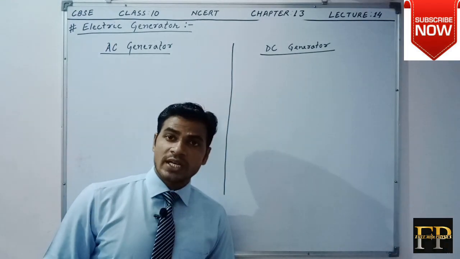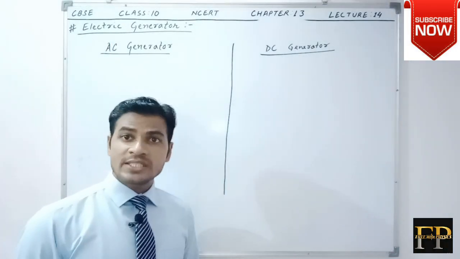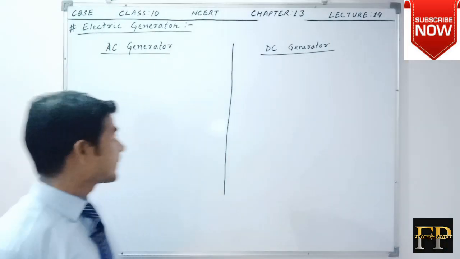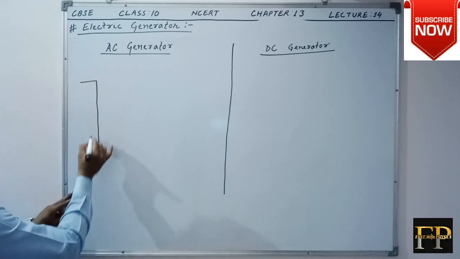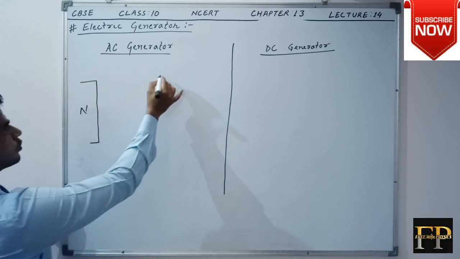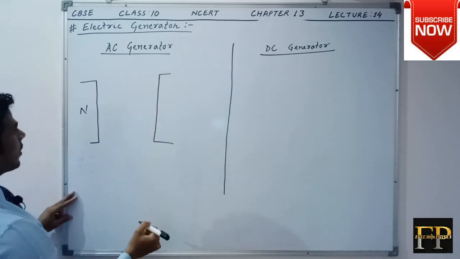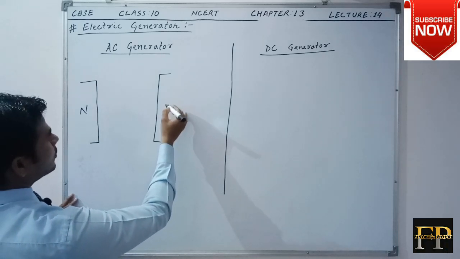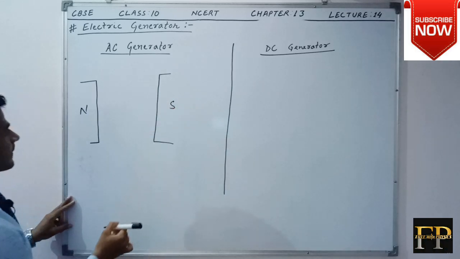So let us first recall the AC generator which we have already studied in the previous lecture. A generator consists of two poles of a permanent magnet, or we can also use an electromagnet for this.